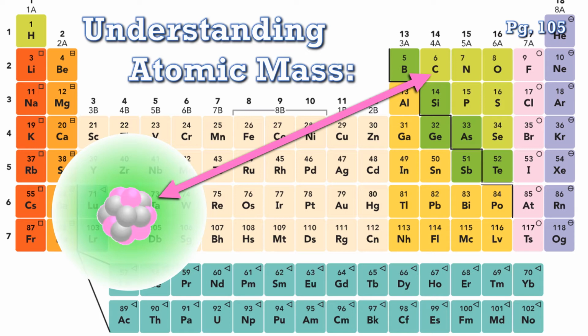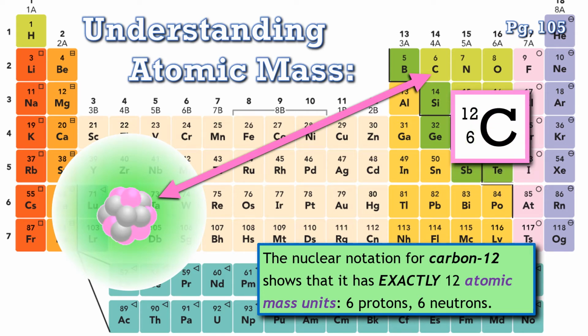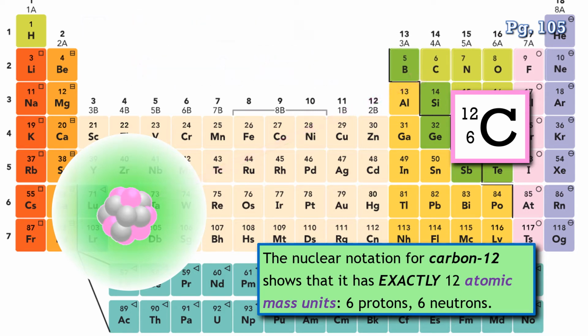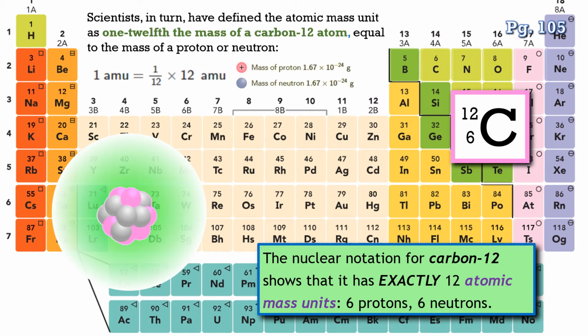To understand the idea of atomic mass, I draw your attention to the fact that we have a particular notation for a particular version of carbon. This is carbon-12, and again, this shows that it has exactly 12 atomic mass units. This is one form of carbon, the form that has 6 protons and 6 neutrons. Now, what is not obvious is that scientists have defined the atomic mass unit in terms of this particular kind of atom.